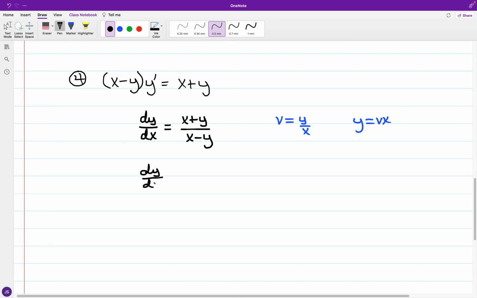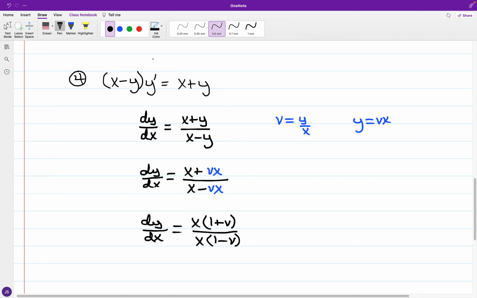So taking what we have from the setup, we have x plus vx all over x minus vx, and factoring out x from both the numerator and denominator, we will have x times the quantity of 1 plus v all over x times the quantity of 1 minus v.